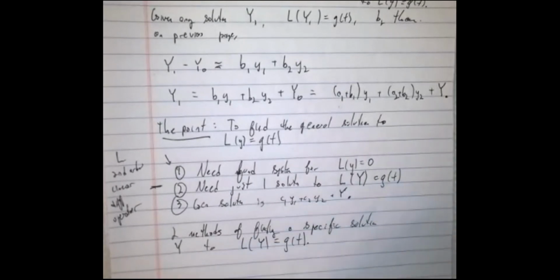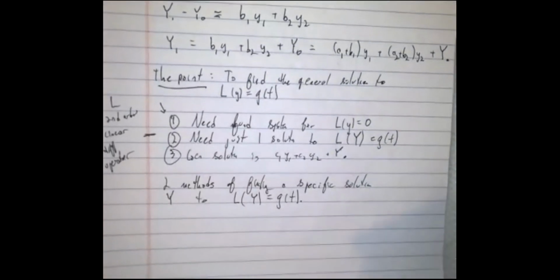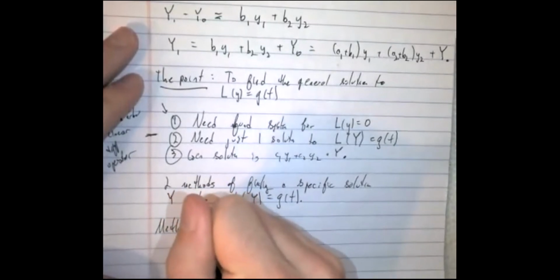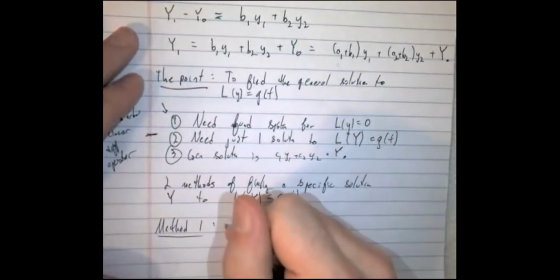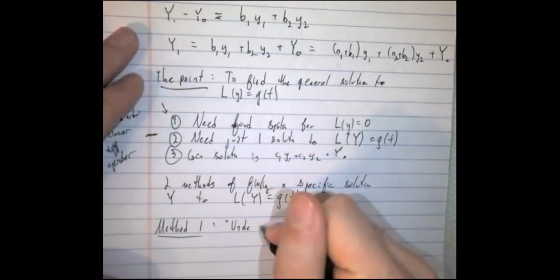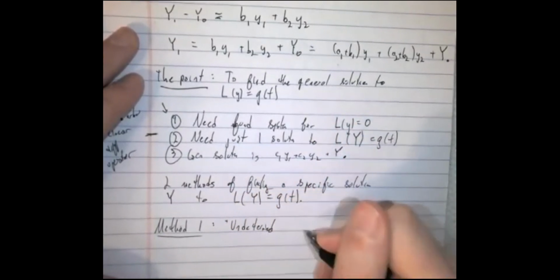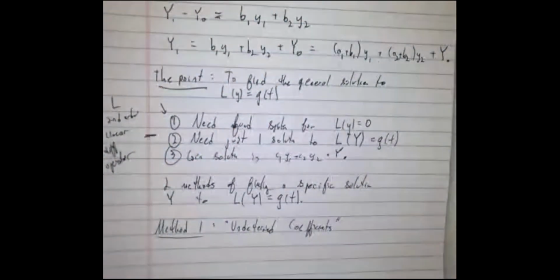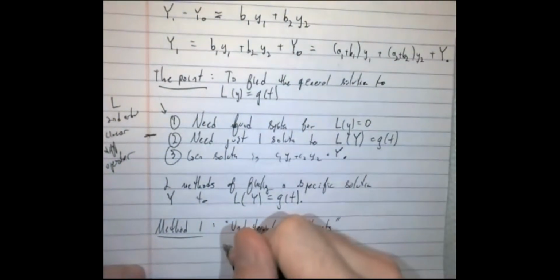The first method, which gets this big fancy name called undetermined coefficients, is literally the most naive and basic thing that you could possibly try.